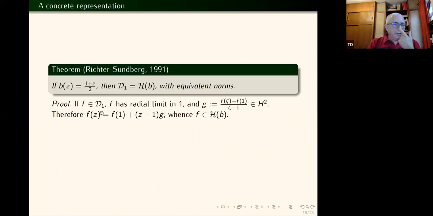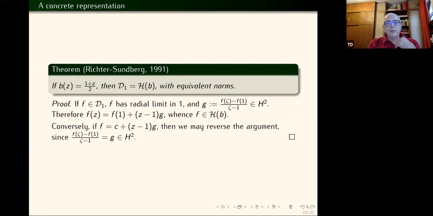So f of z can be written as f of 1 plus (z minus 1)g, and from here it follows that f belongs to H of b. Conversely, if f is of this form, then we can reverse the argument. We know that in this case g has limit in 1 and g is in H2. So in some sense, it's just writing things in different ways.